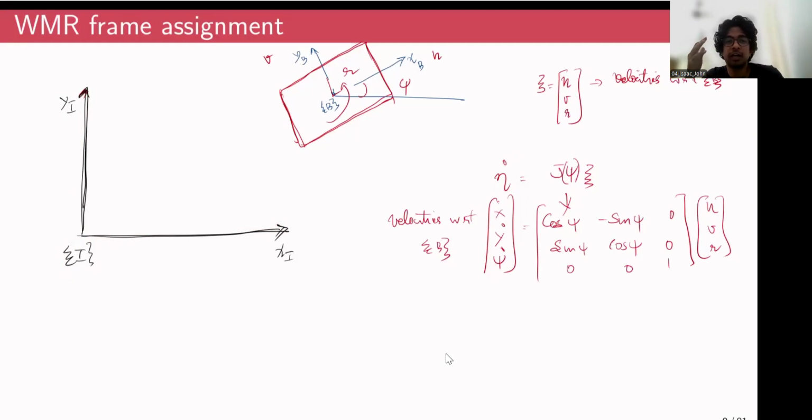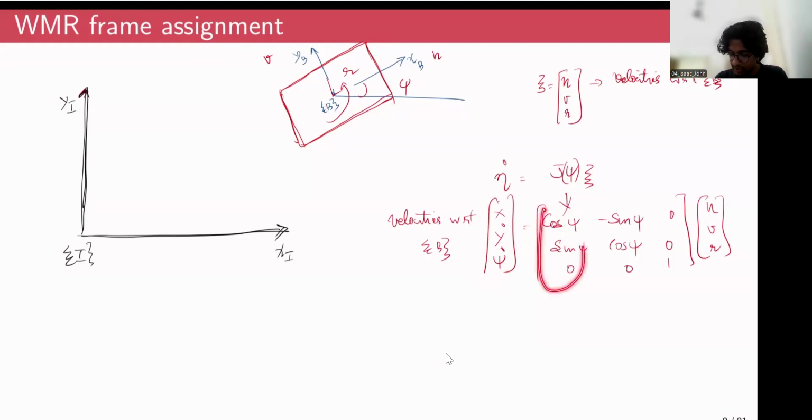And for us to visualize the motion of the mobile robot, it's always better to express the coordinates of its positions and velocities with respect to the inertial frame of reference. So eta dot is actually for our benefit, and zeta is actually for the robot's benefit, to ease the transformation of velocities from the robot's frame of reference to the actuators.